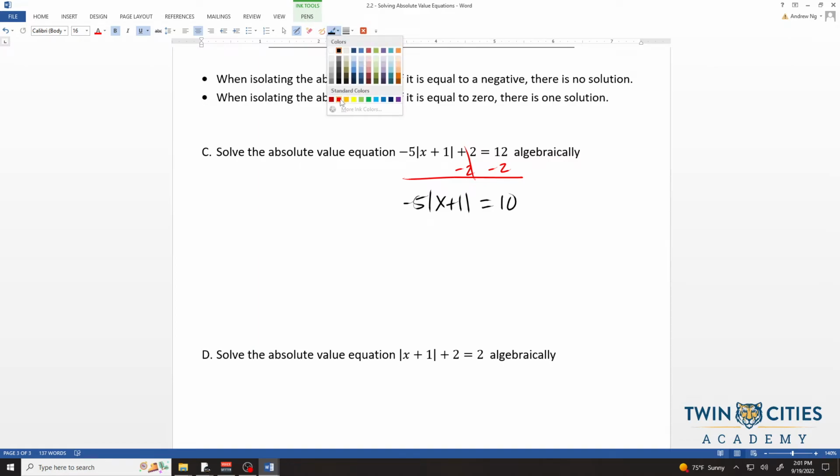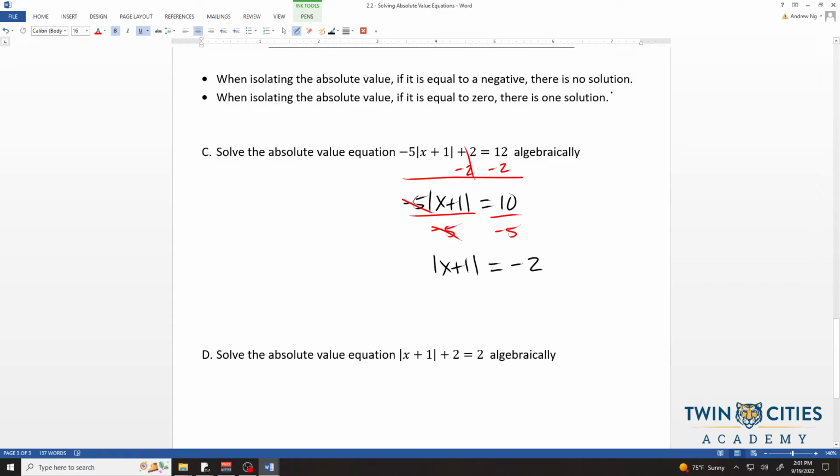I'm going to divide both sides by this negative 5. And I am now isolated. I've got the absolute value of x plus 1 equals 10 divided by negative 5 is negative 2. And according to my rule, if it's equal to a negative, there's no solution.